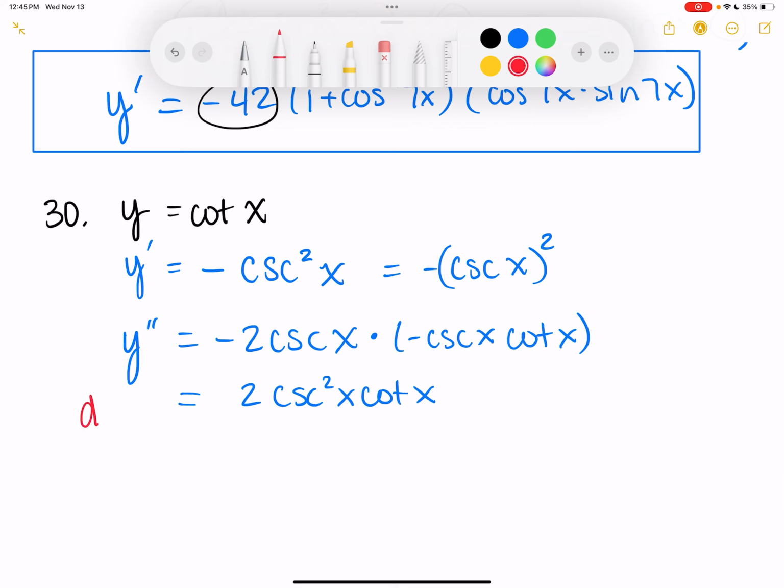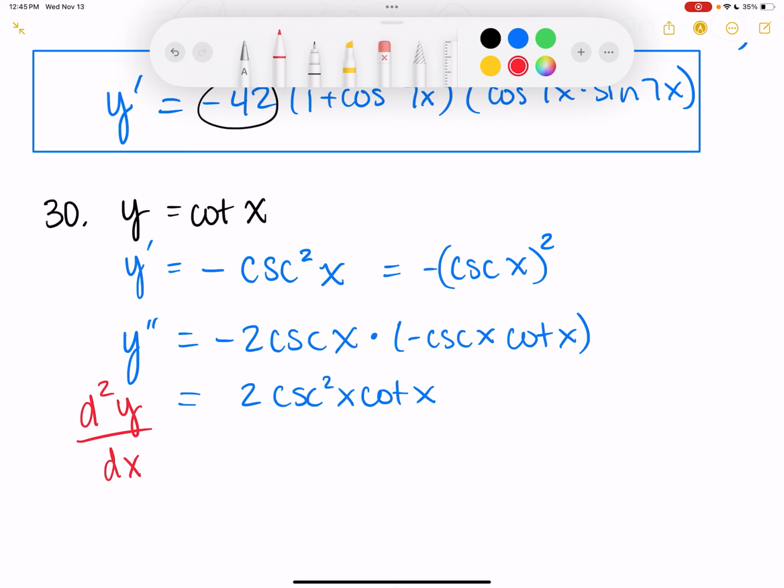I think it's this way. It's been a while since I wrote it like that though, because I usually just write it this way. I've seen them with the 2 on something.